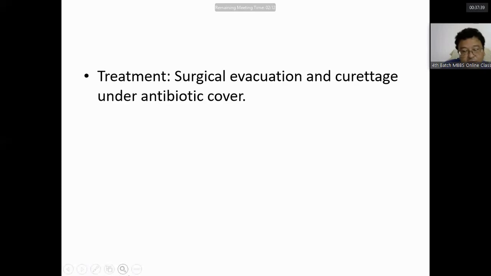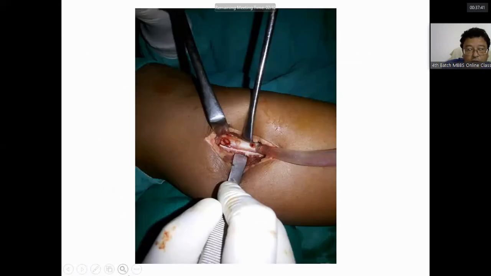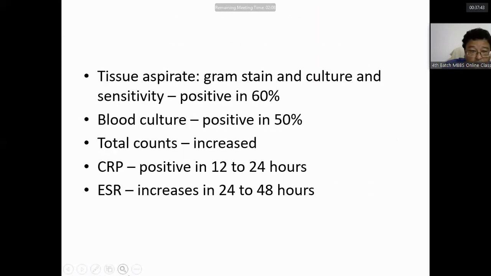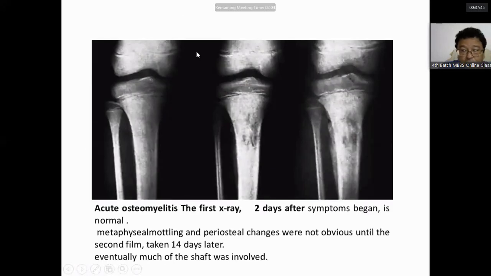The earliest it is seen is at one week. If you look at this, this is the periosteal reaction, the new bone formation. This periosteal reaction not only occurs in infection, but also in fracture and in tumor. It's the way the bone reacts to any offending thing.